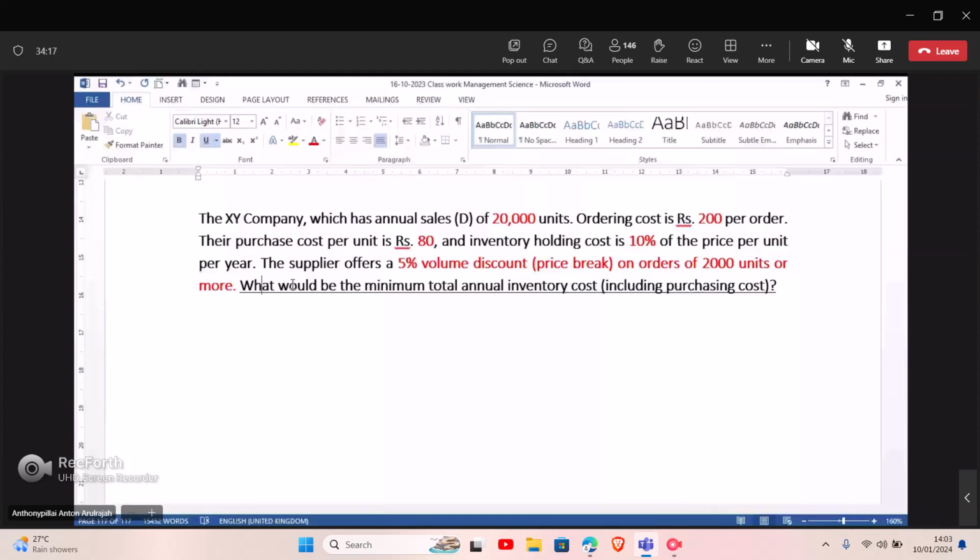Normally you have to find the EOQ, find the total cost, and also the 5% volume discount is given for the 2,000 units. Then what is the minimum total inventory cost? Because sometimes we don't know which one is the lowest, so we have to do the calculations.